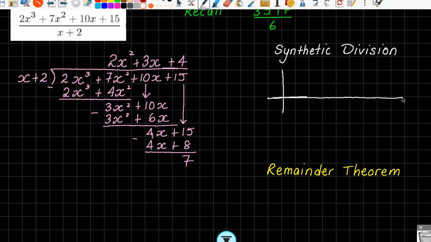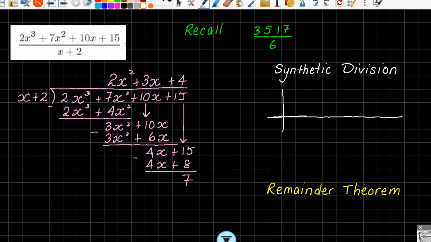So if I am doing this question, we have two lines here. I'm just looking at the coefficients of my polynomial. Agreed? So 2, 7, 10, 15. And yes, I'm putting one number in a square. Because I'm dividing by x plus 2, what is my 0? -2.